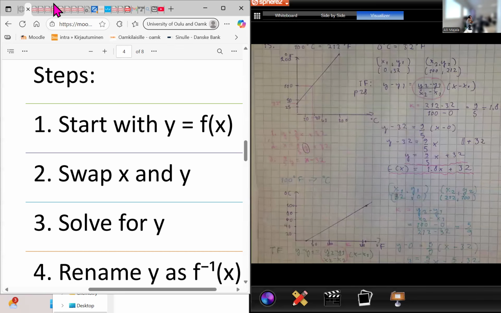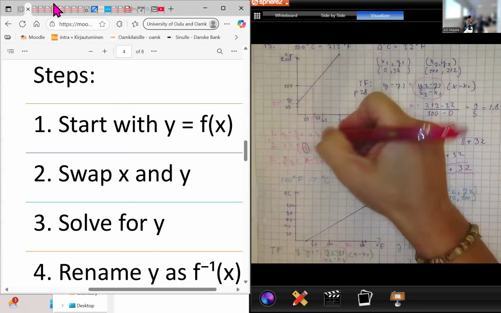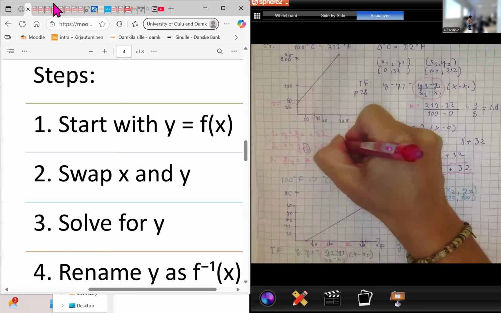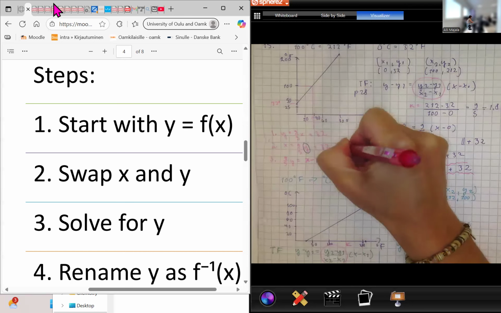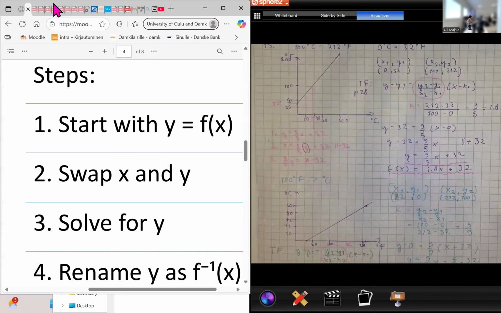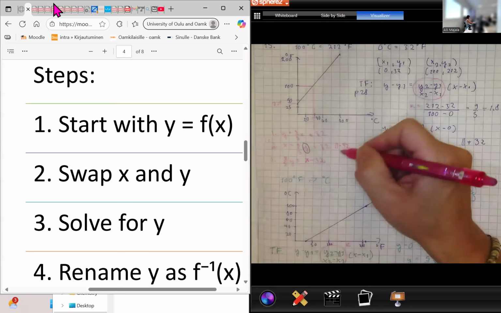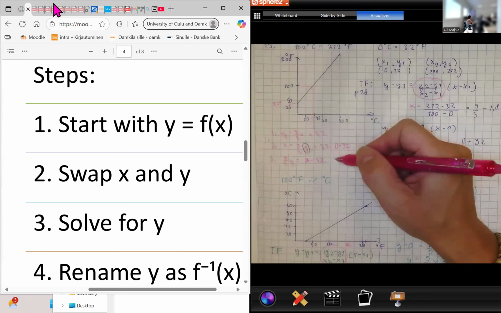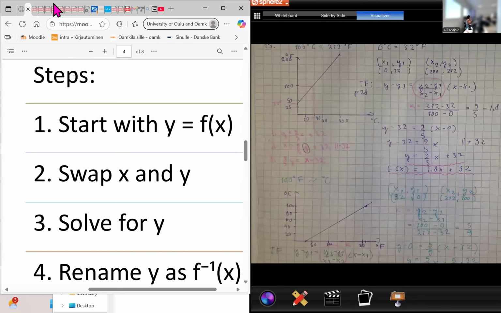Yes, this is the normal procedure that we did before. So I have swapped the sides, and I have, what is this operation called now in English? What was the official name?